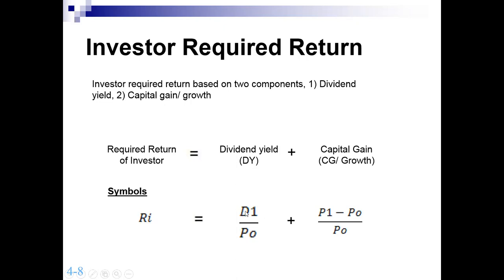Individually, I have disclosed all the terms in the previous slides. If you get confused, go back to the previous slides and check what is meant by D1 and what is meant by P naught, because if you are not practicing the concepts, when the question appears it would be difficult for you to understand and apply the various symbols.